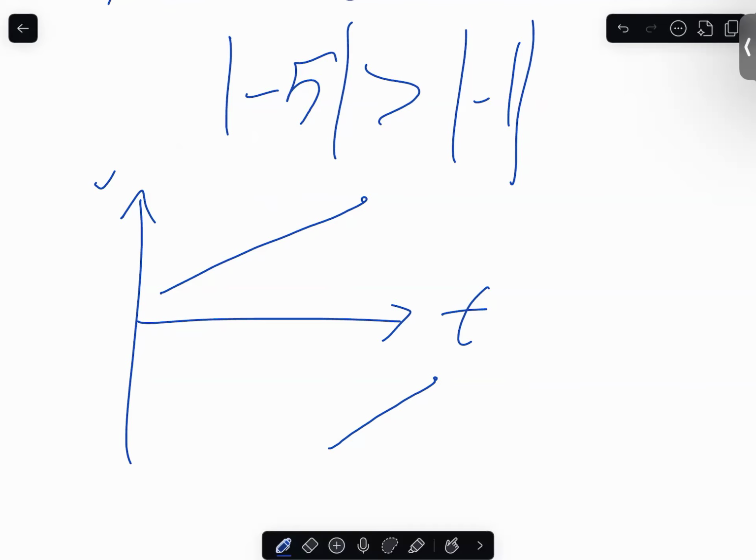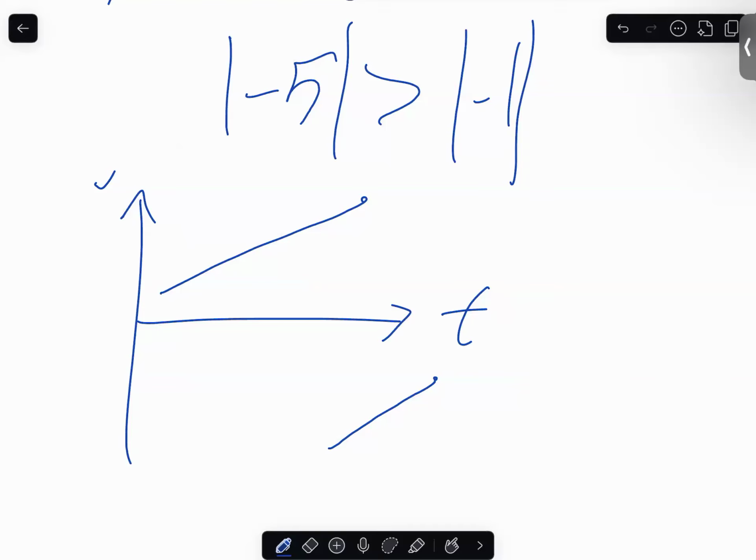What's the sign of my slope? Positive. It doesn't matter how high you are, any slope that is above horizontal is going up. The values of velocity are increasing.